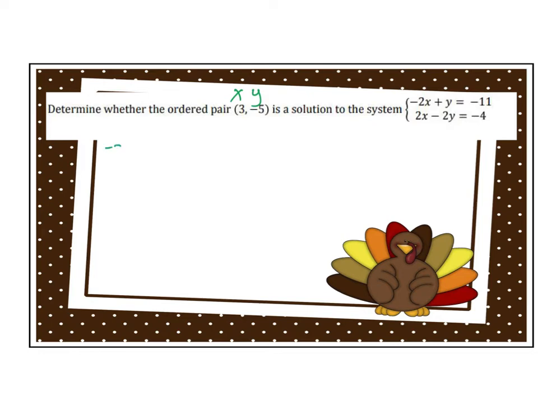So we would do -2 times 3 plus -5. You've got to be careful with those integers. That's why I'm using parentheses around them. When I solve this, it is -6 plus -5, which would be -11. And it is -11. So in this case, it works out for us.